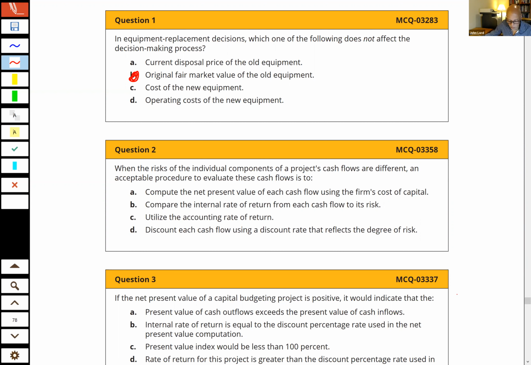Okay, good. There are no questions on that one. Let's take a look at the second one.